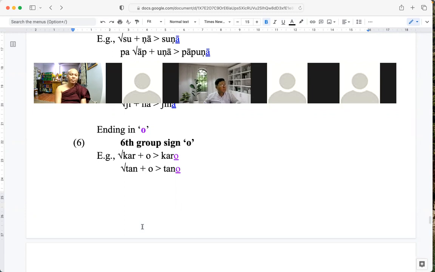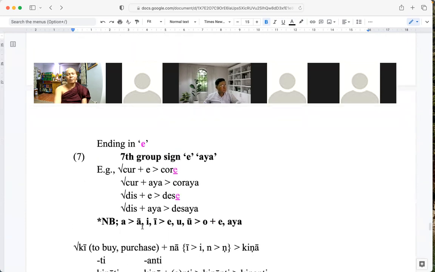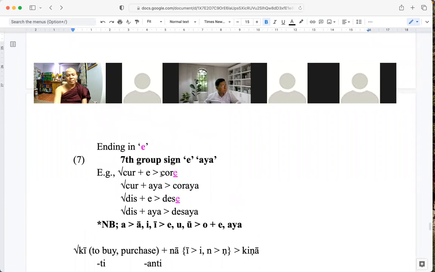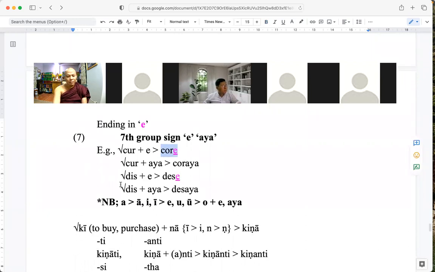Okay, so let's say the root chor, to steal. See, right next to it there is a consonant between the two vowels. That's what I'm saying. Right here with the root plus sign, U becomes O, right?